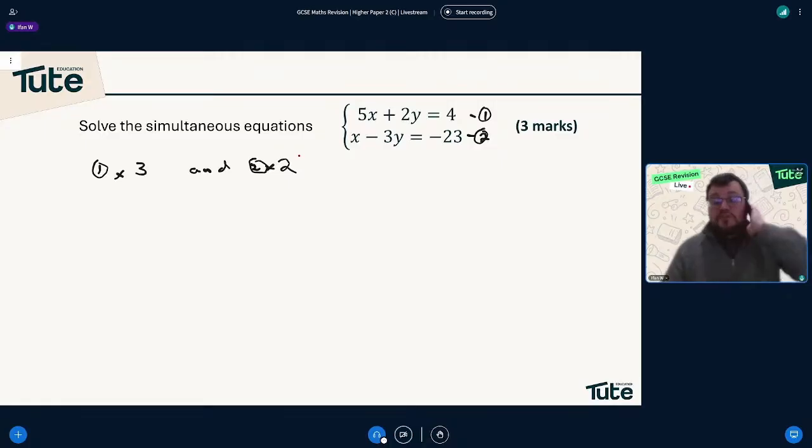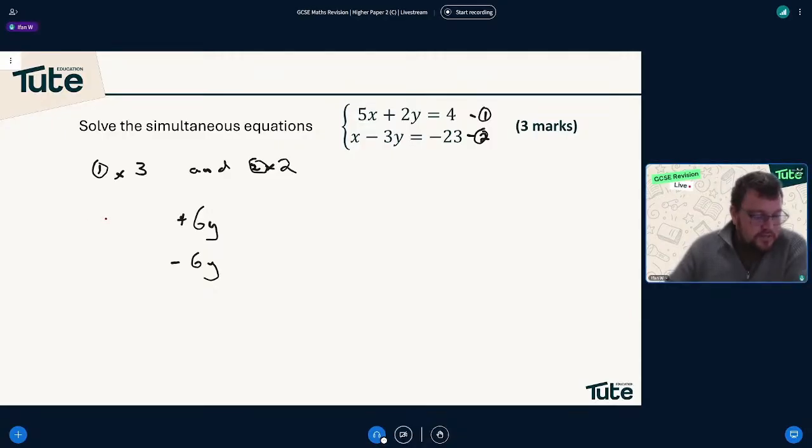What that does is it gives me the same y coefficient. So I'm going to end up with 6y and negative 6y. Not exactly the same coefficient, but we can use it. So 5x becomes 15x.